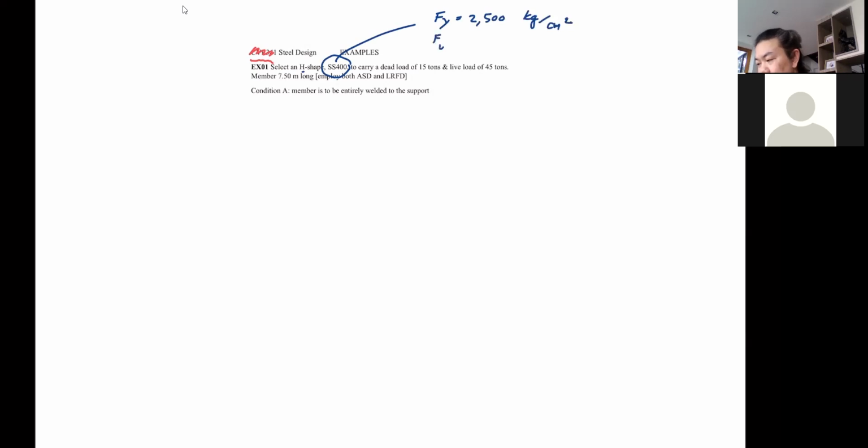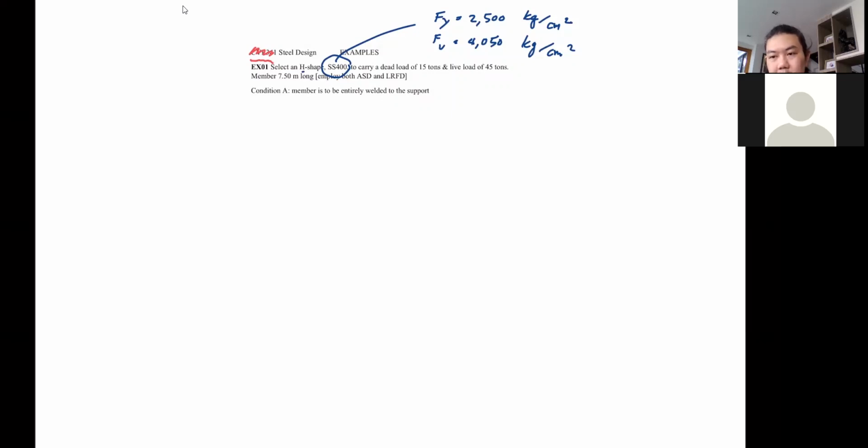And Fu, I still prefer to have a little bit of 50, so it's 4,050 kilogram per square centimeter. This is automatic, okay? And let's say if you fail to use the proper number here, I will be extremely critical of you because it's the criteria that you must first set right in any of your work in the future.